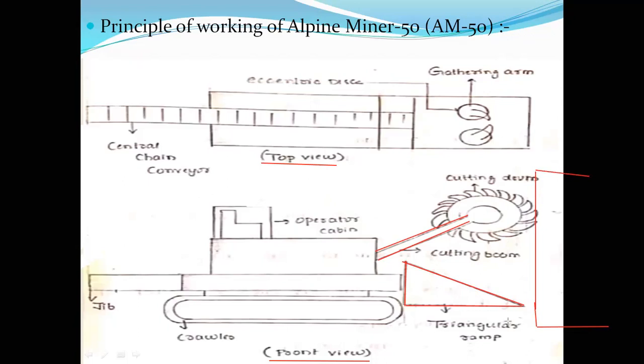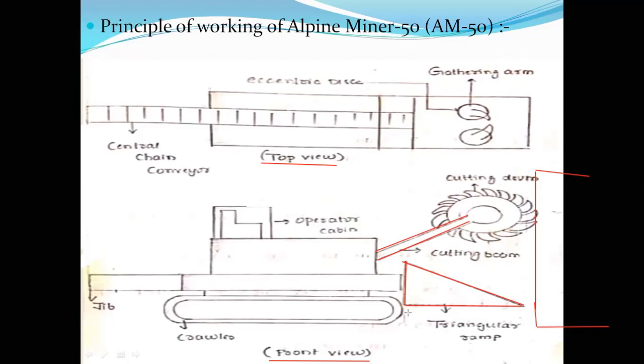If any coal is present between the machine and the face, the ramp can be lowered or raised so that it will penetrate into the heap of coal cut by the cutting drum.